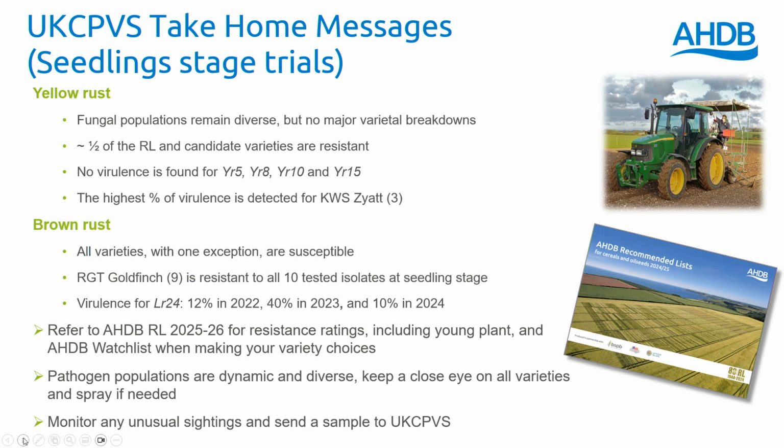And we found no virulence so far for lines that carry yellow rust 5, 8, 10, and 15 resistance genes. And I think the breeders may decide to introduce those genes in their programs because they seem to provide very good resistance to the UK population of yellow rust.